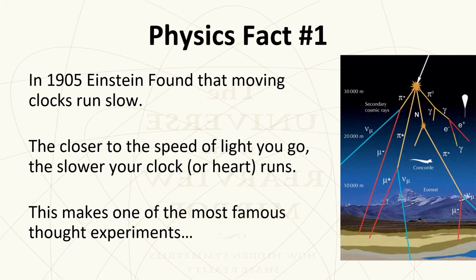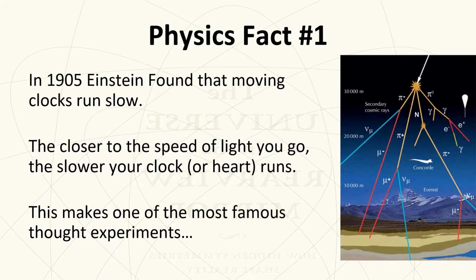He found that if you started traveling really fast, and by really fast, I mean the standard here is not 60 miles an hour or even 1,000 miles an hour, but fast compared to the speed of light, to a beam of light. If you start going close to the speed of light, what will happen is your internal clock, your heart rate, or if you're wearing a watch, or if you have a computer clock, or any type of measurement that you can possibly do, it will start running slow.